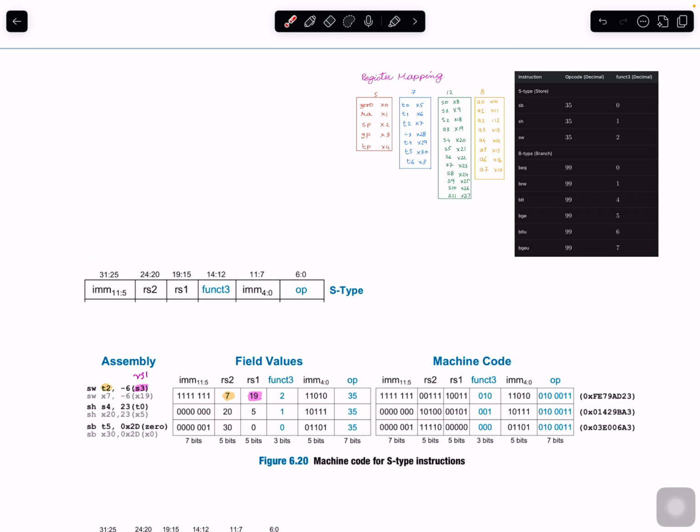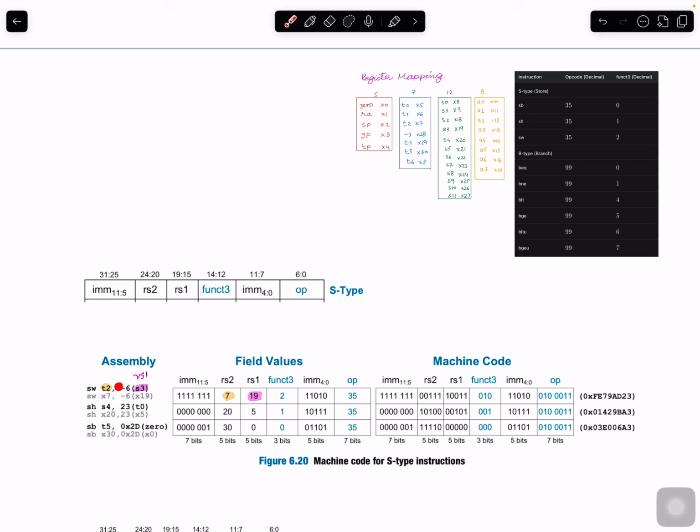The format is that bits 0 to 6 are opcode, as always. Now in these instructions, store word, store half word, store byte, they have two registers involved, and none of them is a destination register. Let's look at this one. What we typically do, in case you forgot, is this register has a base address, and then we add this value to it.